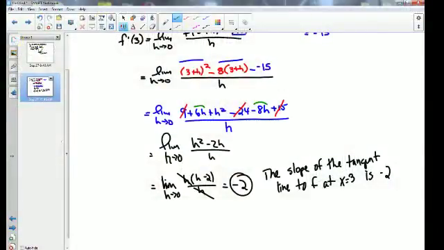Okay, so be careful there. That's what that means. That's a calculus interpretation now. So mostly an algebra problem, but knowing the meaning behind it is calculus stuff. So the slope of the tangent line to F at x equals 3 is negative 2.